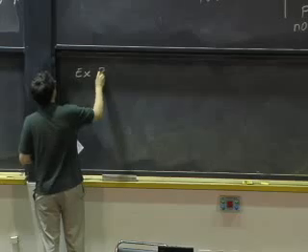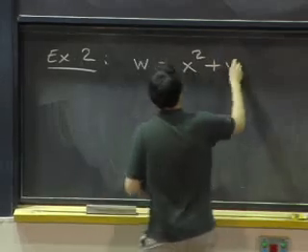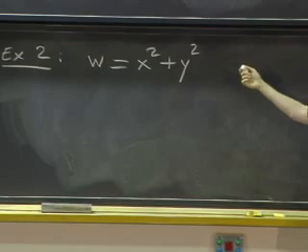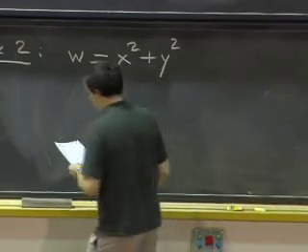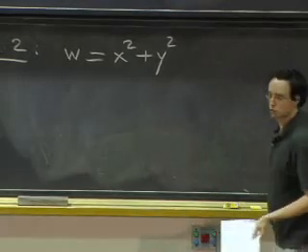So let's do a second example. Let's say we look at the function x squared plus y squared. Now it's a function of just two variables, because that way I will be able to actually draw a picture for you. So what are the level sets of this function?